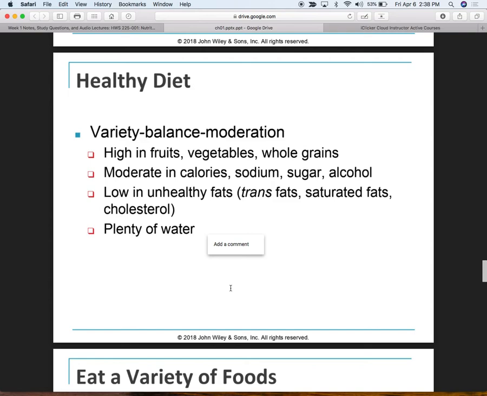Eat whole foods, not too much, and mostly plants, or something like that. He has a summarization, which is basically this: eat real food, get a lot of variety, balance the types of food that you're getting, and consume calorie-dense foods in moderation.